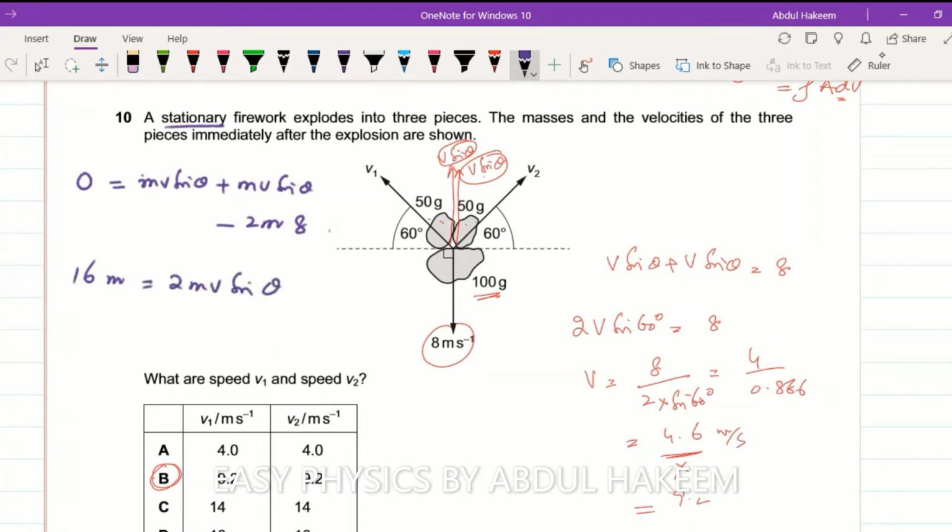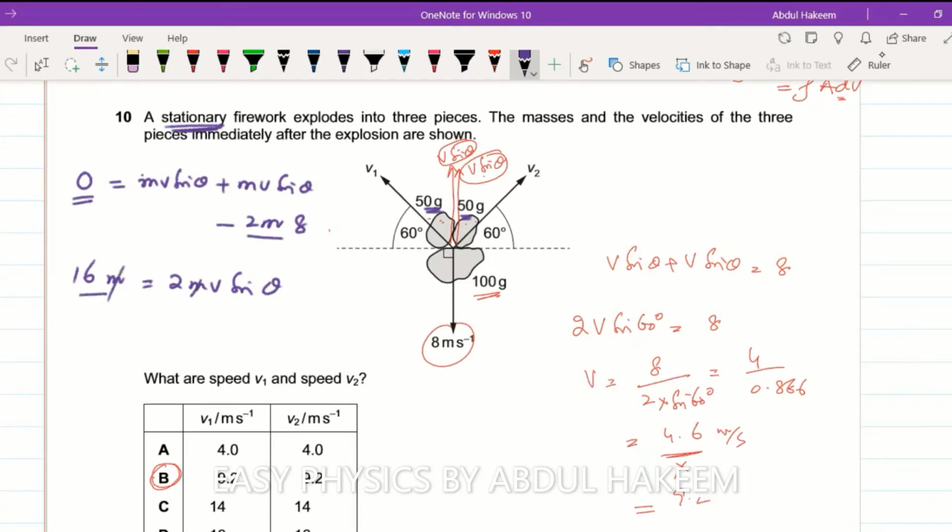I repeat, initial momentum is 0 because the objects are stationary. Then the vertical momentum of the first is mv sine theta. The second also mv sine theta, same masses. And then the downward one is negative, downward y-axis. Its mass is double, negative, double mass, and the velocity this. So it becomes 16m, then 2mv.